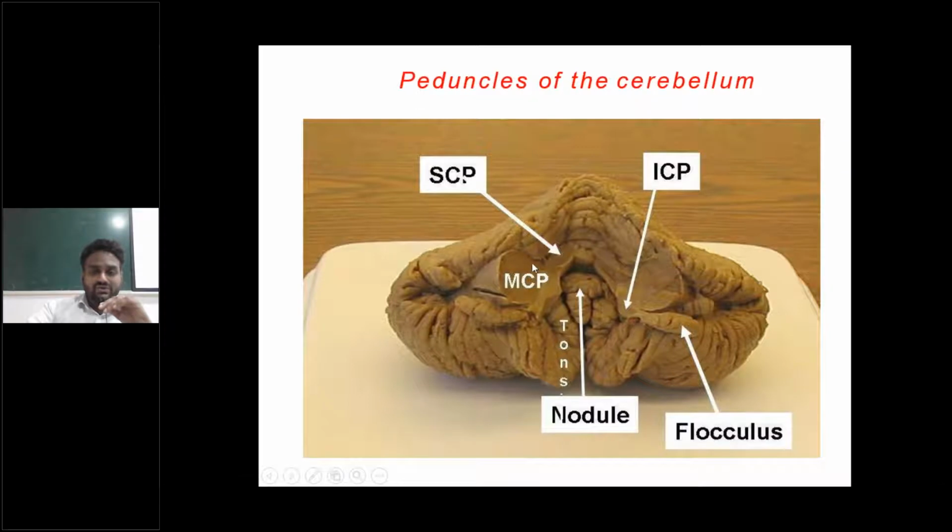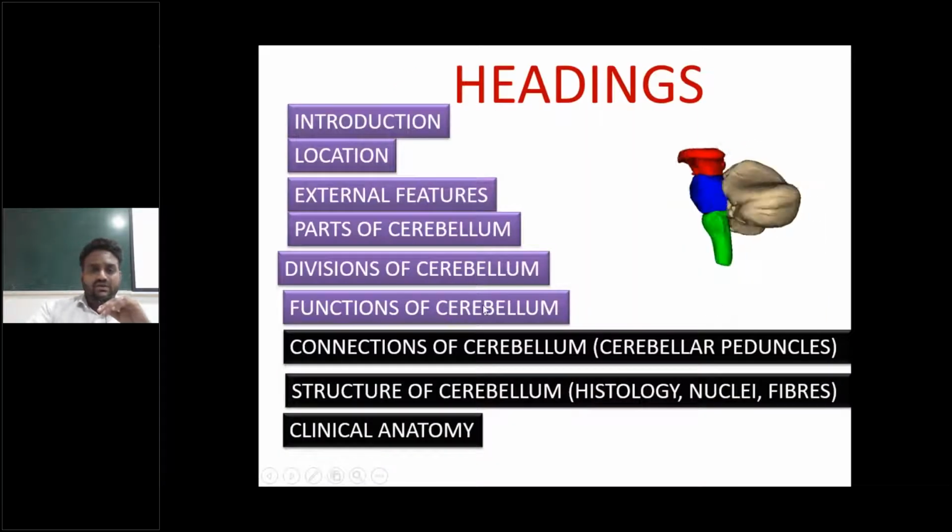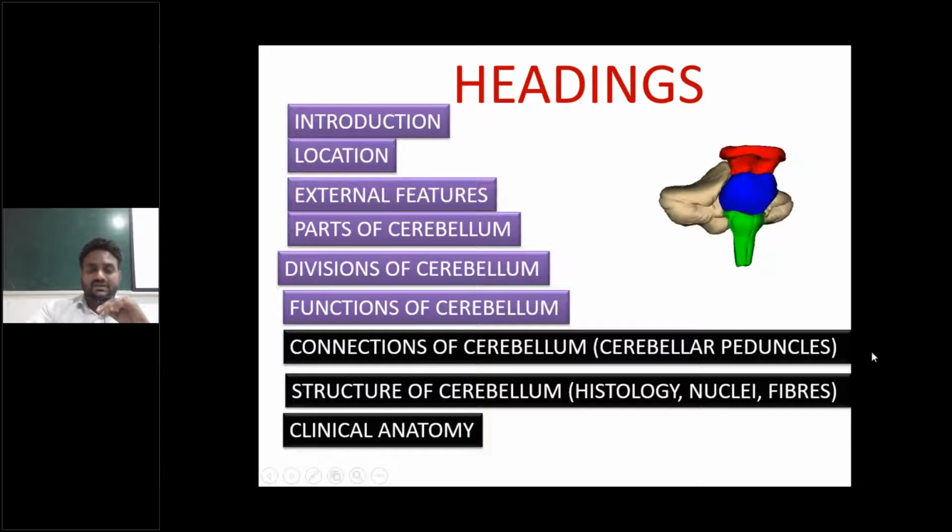So what you have to notice here is the size of the MCP and the positions of the cerebellar peduncles. So this is about the cerebellar peduncles. Now we completed the connections of cerebellum, the cerebellar peduncles.